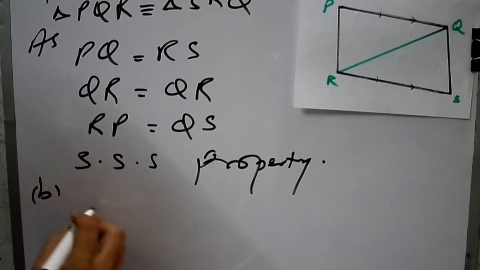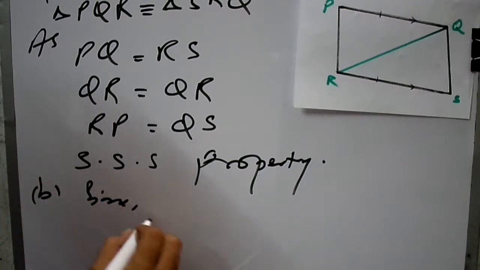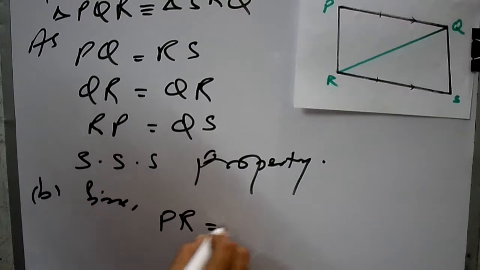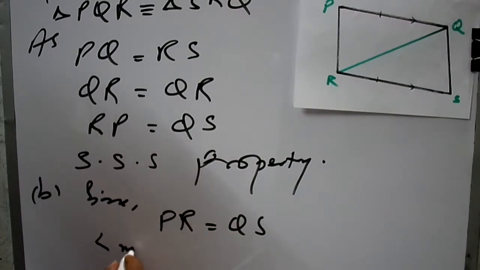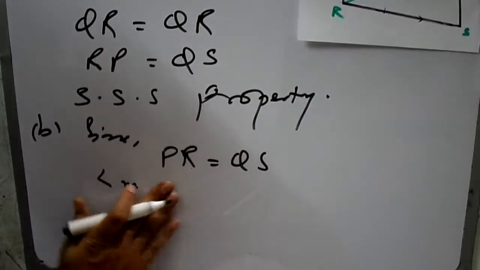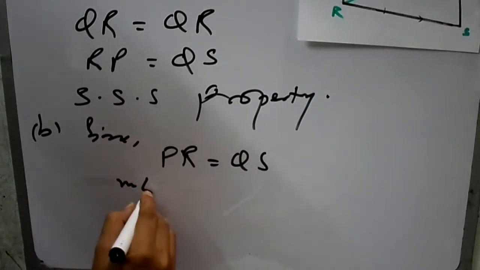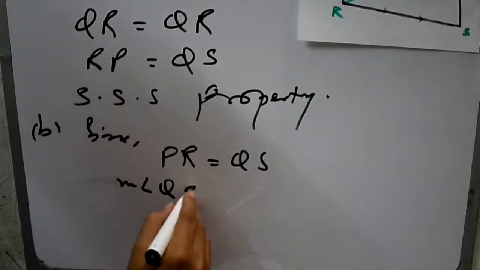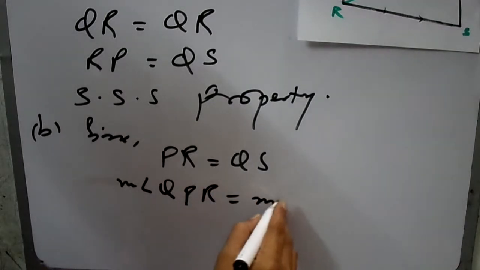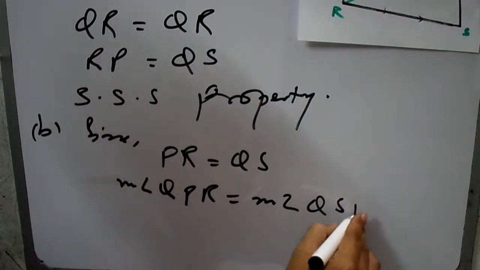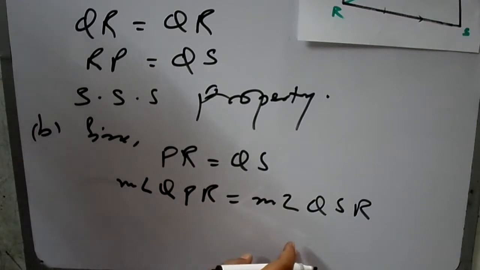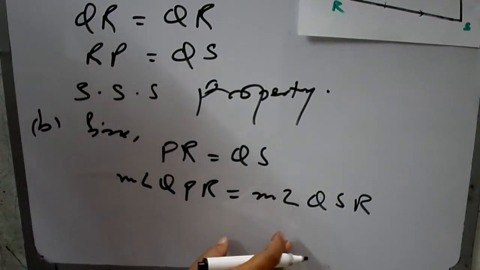Similarly in B part, you can see that PR is equal to QS and angle QPR is equal to angle QSR. So that is the reason.